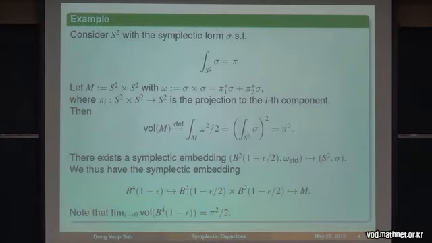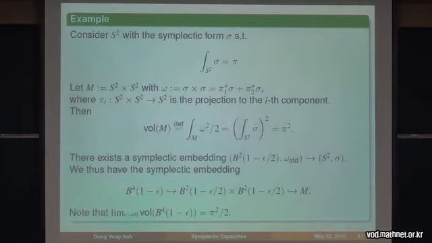So there exists a symplectic embedding of a ball of radius (1 minus a very small epsilon) over 2 with the standard symplectic form into S2 with sigma. So you can embed the ball of radius 1 minus epsilon into the standard sphere S2.